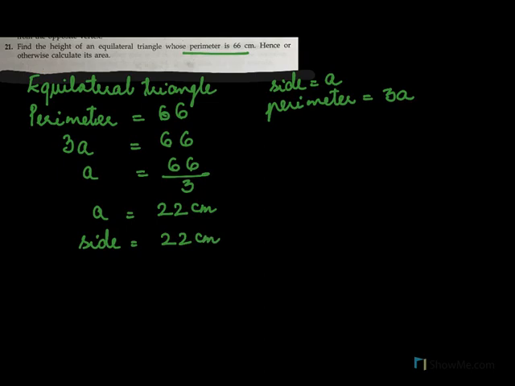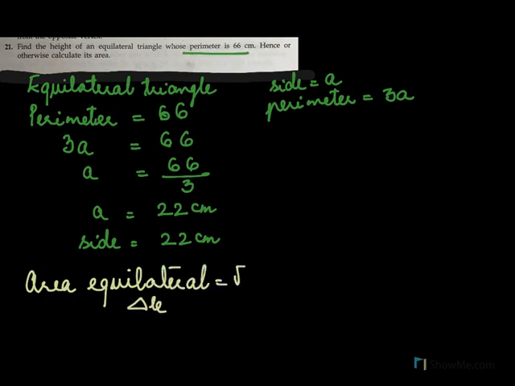Now if we know the side, we can go ahead and find the area. We know area of an equilateral triangle equals root 3 by 4 side square. What is your side here? 22.